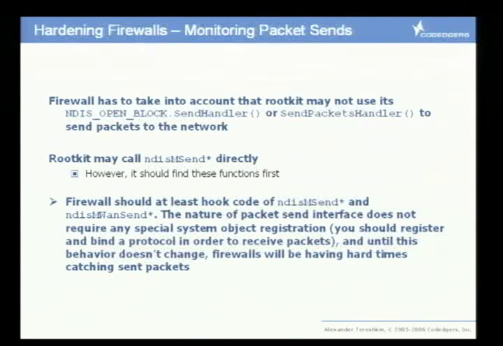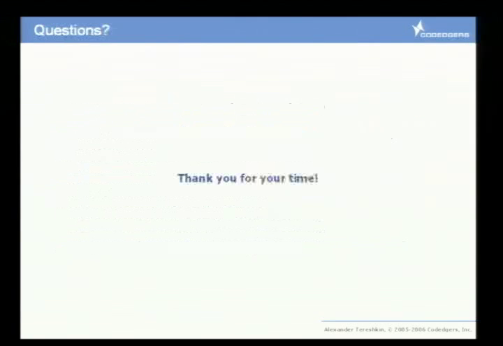The nature of the packet send interface does not require any special system object registration, so it's possible to send packets which will not be caught by any firewall, since this behavior doesn't look likely to be changed in the near future. Thanks.